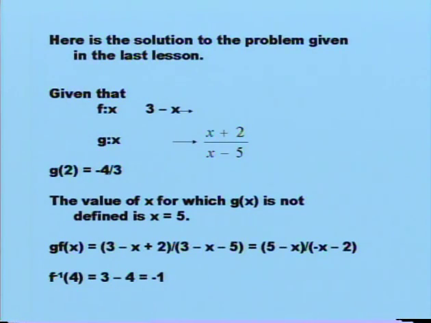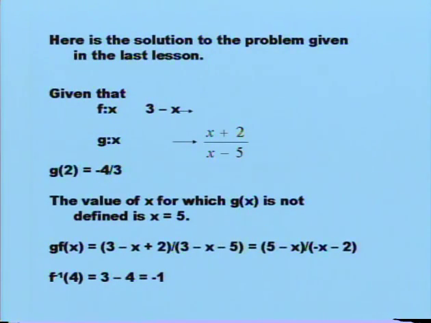The value of x for which g of x is not defined is 5. This is an area you need to note. When a function is not defined at a particular value for x, you look at the rational function, that is a function in the form given with a numerator and a denominator.